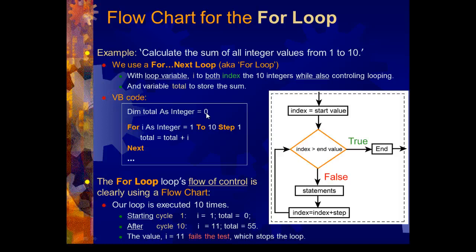So what we want is we want to add one plus 2 plus 3 plus 4 plus 5, so on, right? Up to 10. So what we can say is we want to do 1 plus 2, and then we want to take that result, and then add what to it? 3. And then we want to take that result and add what to it? 4.